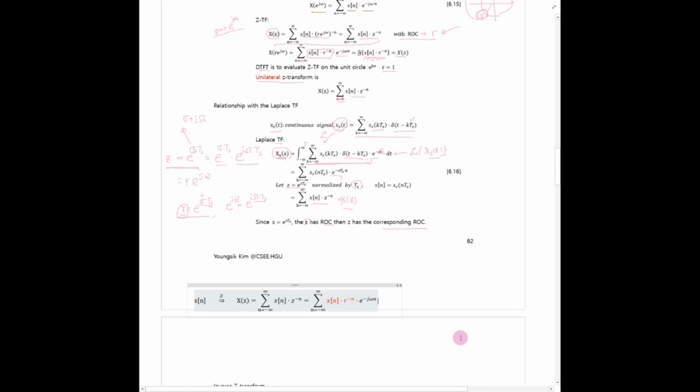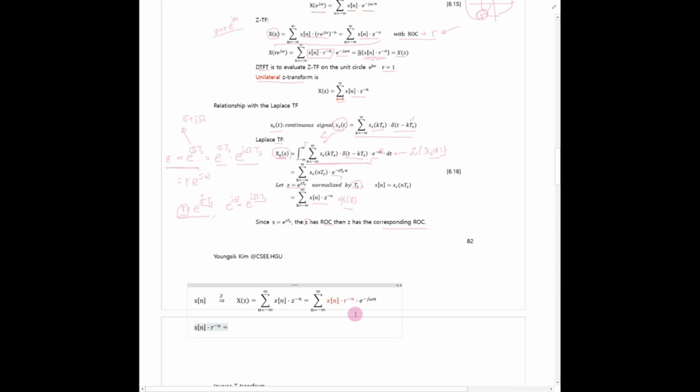Then what is the inverse z transform? To find out that one, let's take the inverse DTFT of this one. Okay, we take the DTFT of this sequence. So we can take the inverse DTFT for this system signal.